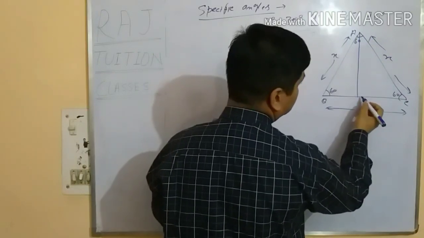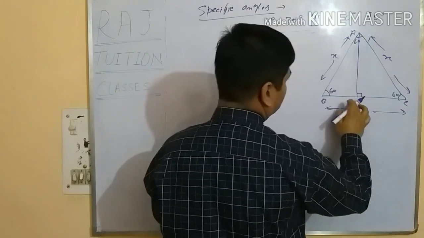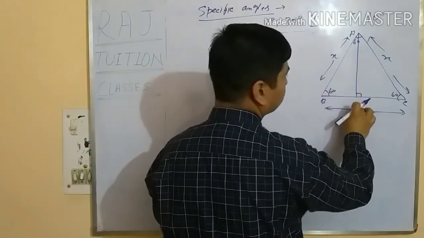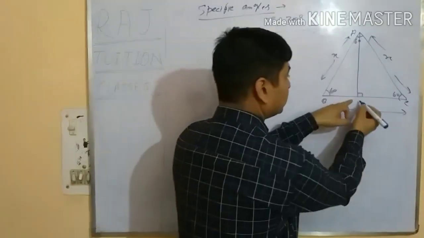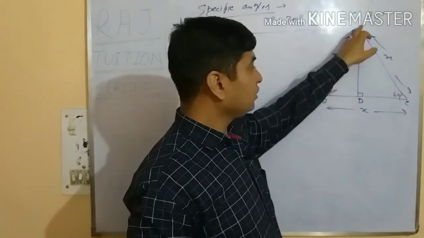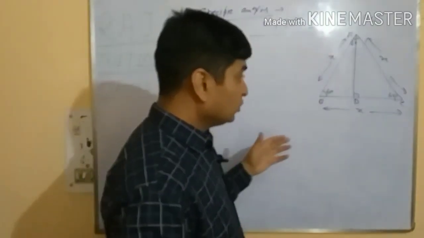Then draw a perpendicular bisector here. As we know, in an equilateral triangle, the perpendicular drawn from any vertex is also a median.